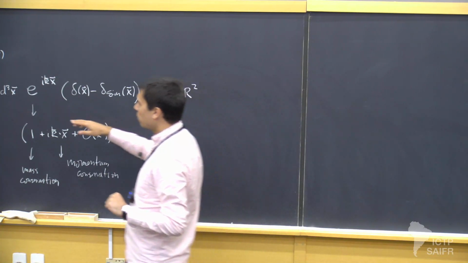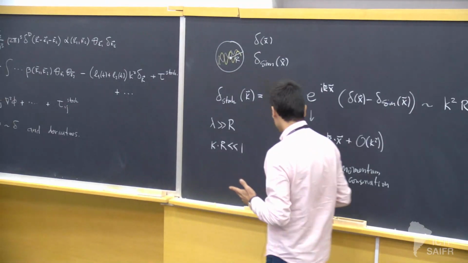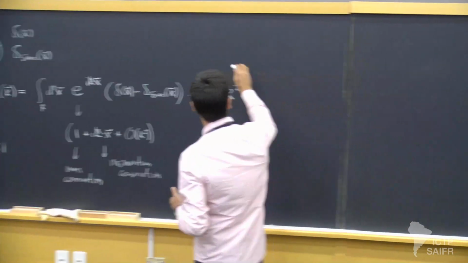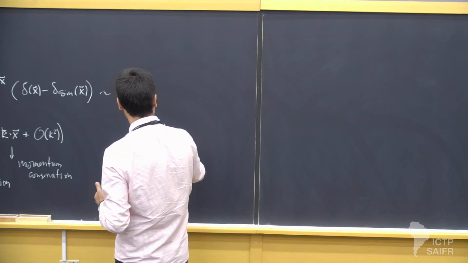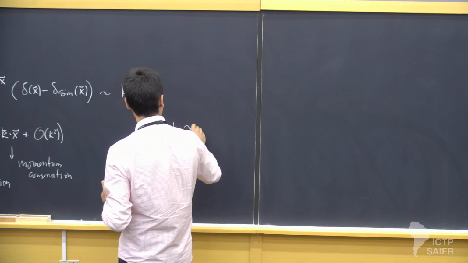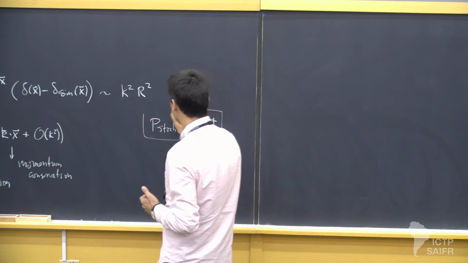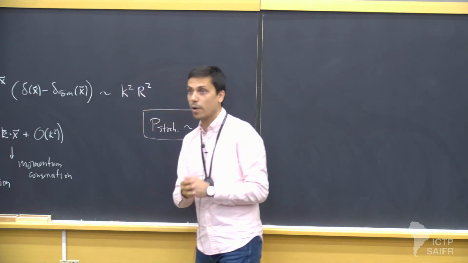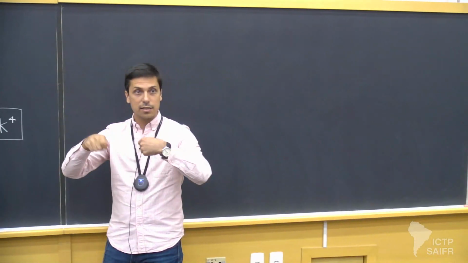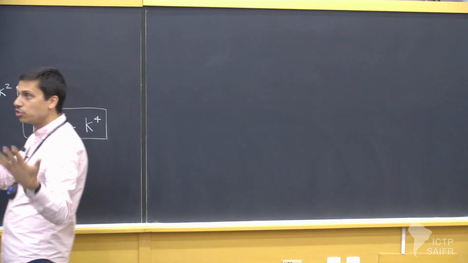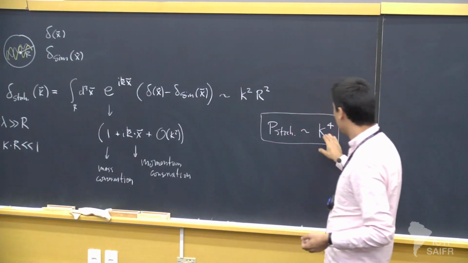And if I want to calculate their power spectrum, P stochastic goes like k to the 4. Okay? So that is also a well-known result that the small stochastic fluctuations can produce on large scales a power spectrum that goes like k to the 4.